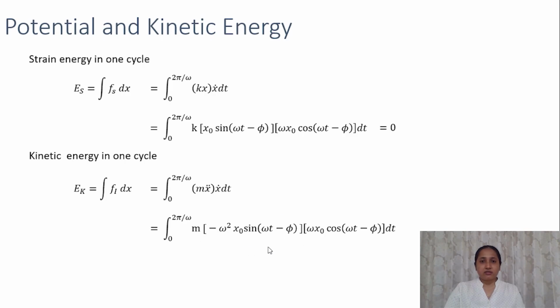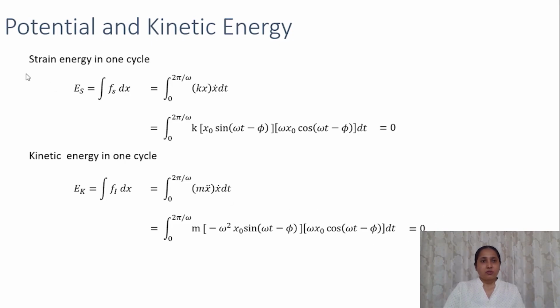For acceleration, we differentiate the expression for displacement twice, and this is the velocity, which is again a product of sine and cosine terms. So if you integrate this over a cycle, this integral becomes equal to 0.